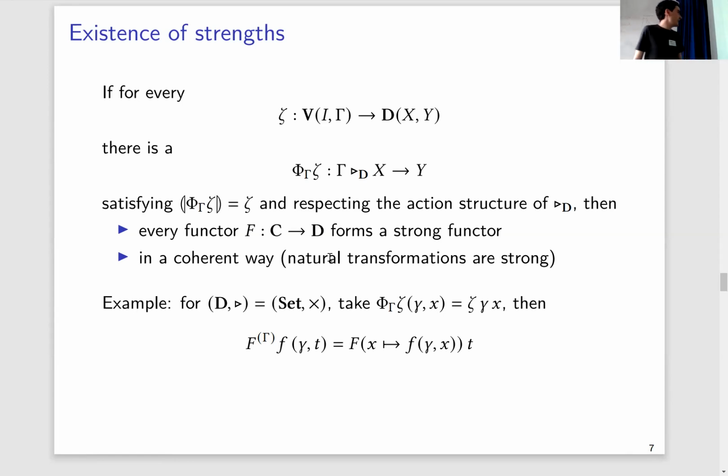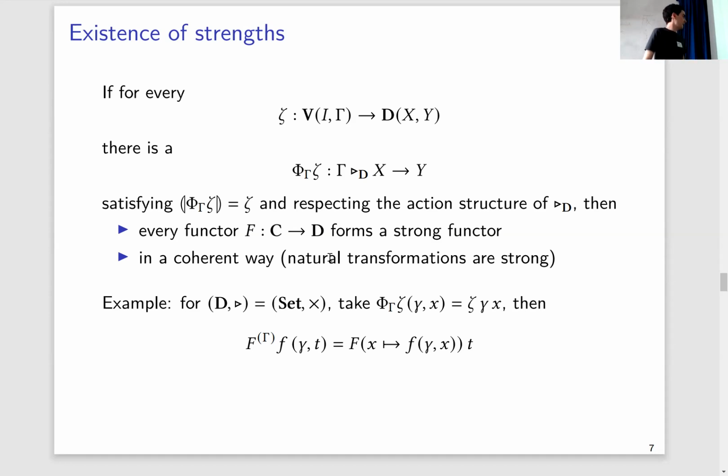If we have any function zeta, which behaves as though we're just applying a map to a bunch of points, so it sends any point to a morphism from X to Y, and we can convert these into maps from X to Y in context gamma in some coherent way, which means some naturality in gamma, respecting the action, then every functor has a strength. Then every functor becomes a strong functor.